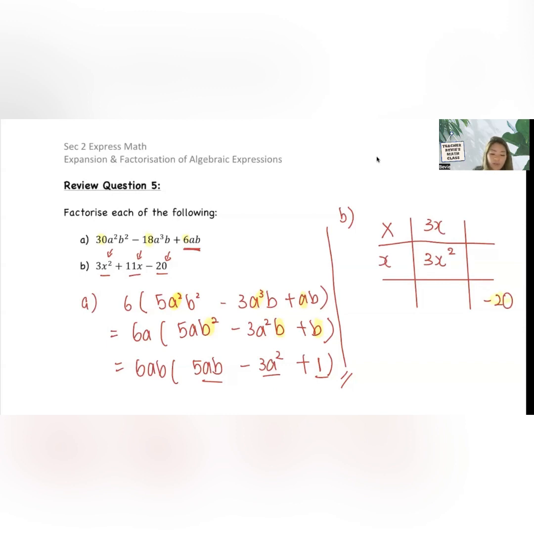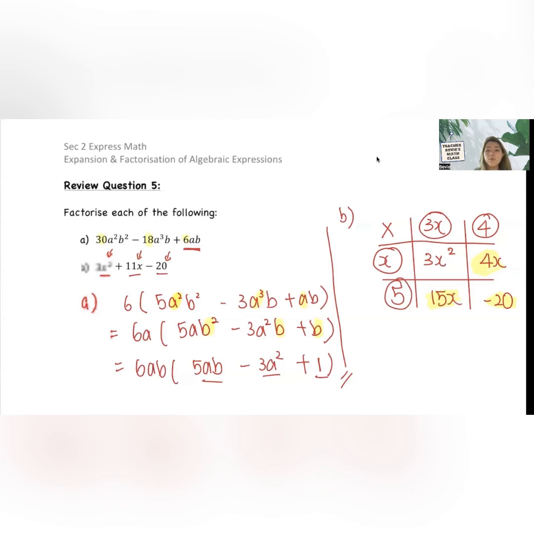However, as for negative 20, I have a few combinations. I can go with 1 times 20, 2 times 10, 5 and 4. Am I right? So maybe I would go with 5 and 4 first. Okay, now to find this box over here, it is a multiplication of this and this, which is 4x. To find this box over here, it's a multiplication of this and this, which is 15x.